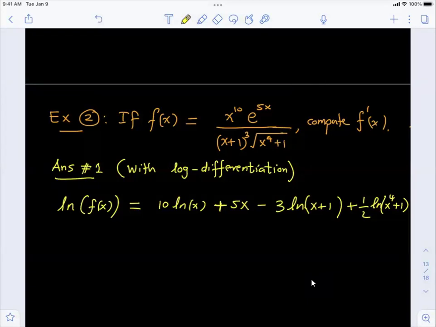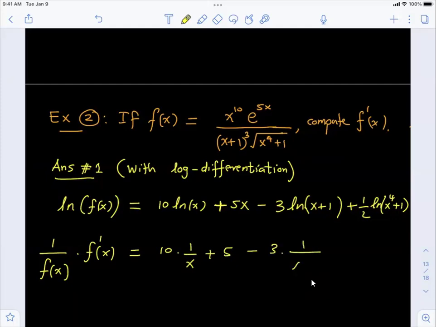Now, in the next step, once we have this simplification all the way to the ground level, what we're trying to do is to take the derivative. Take the derivative of the right side. Take the derivative of this component, negative 3 times 1 over x plus 1, and then take the derivative of, oh, a quick correction here.